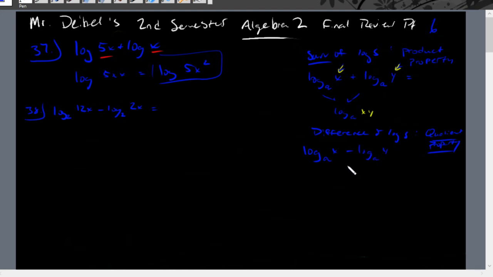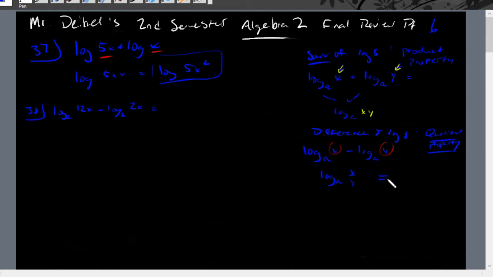Well, you can condense this into a single log where you take this piece divided by this piece. So it'll look something like this. Just like that. Log base a of x over y.